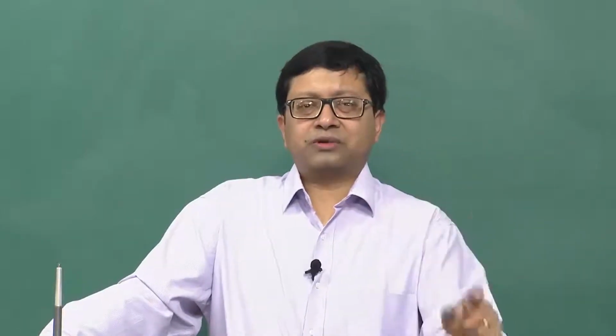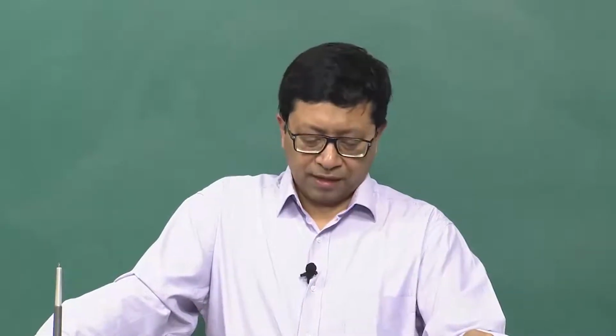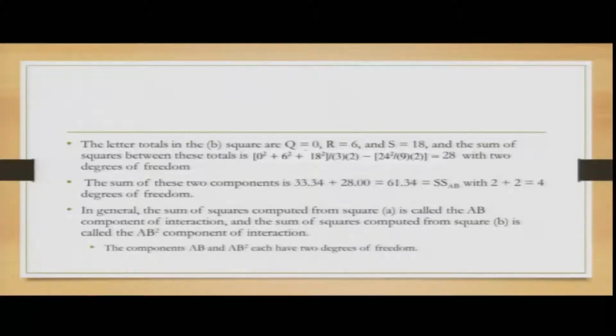So, you will have the degrees of freedom as 4. In general, the sum of the squares computed from the square is called the AB component of the interaction, and the sum of the squares component from the square B is called the AB square component of interaction. The components AB and AB square each have 2 degrees of freedom, and we can find it accordingly.